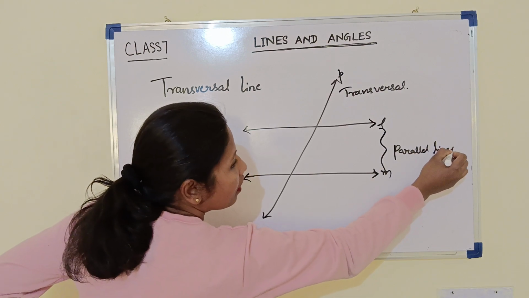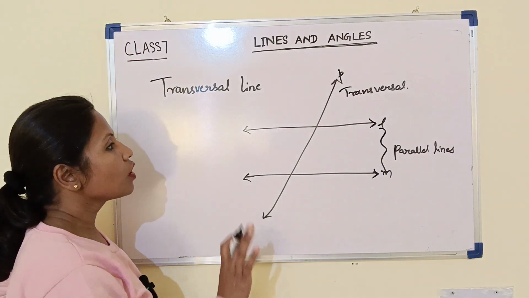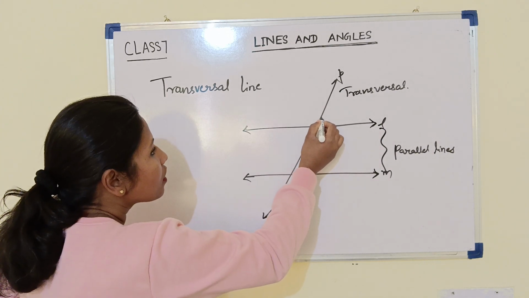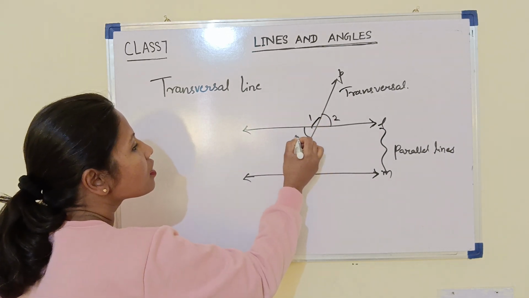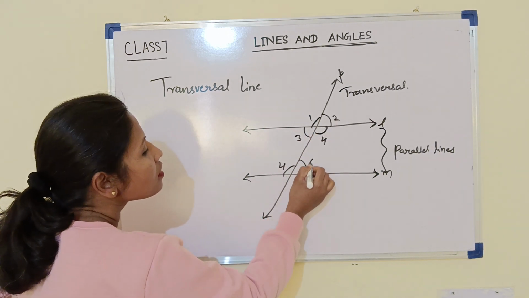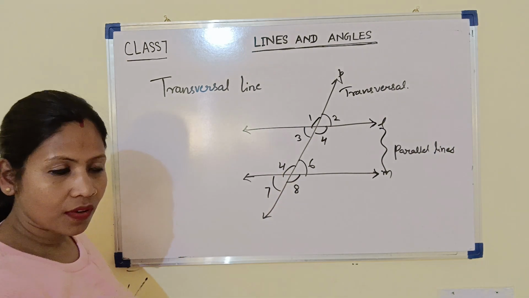So now we will study about the angles. So be careful and understand it. Like suppose this is angle 1, 2, this is 3, this is 4, this is 5, this is 6, this is 7, this is 8. Okay.